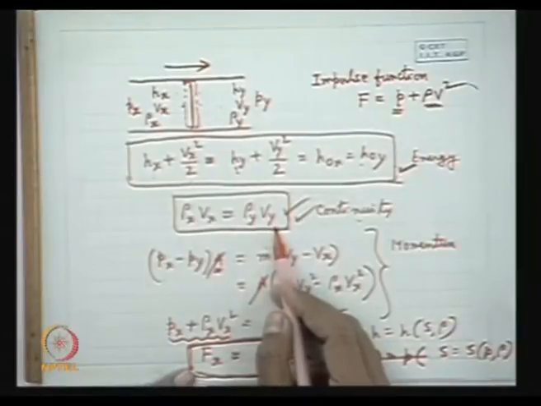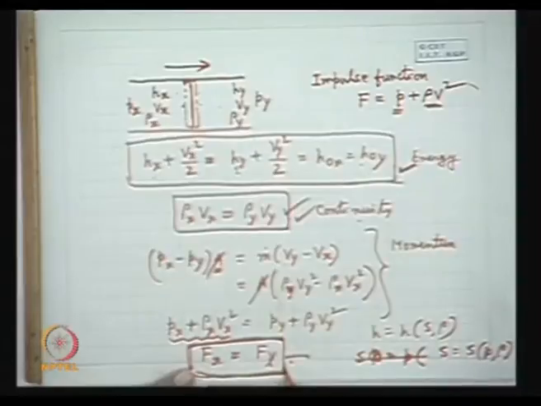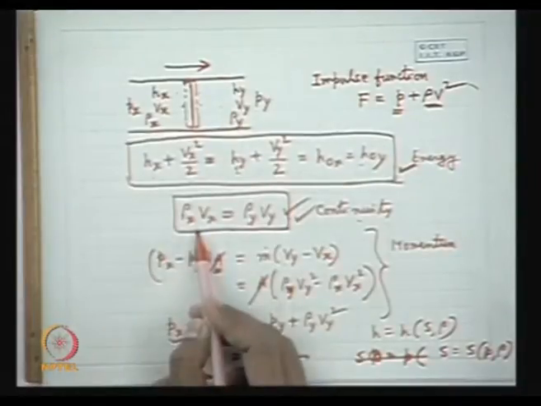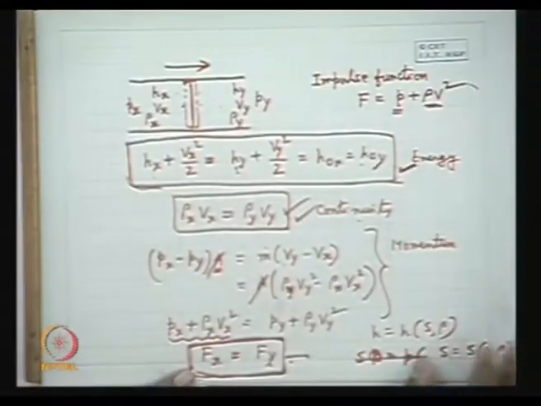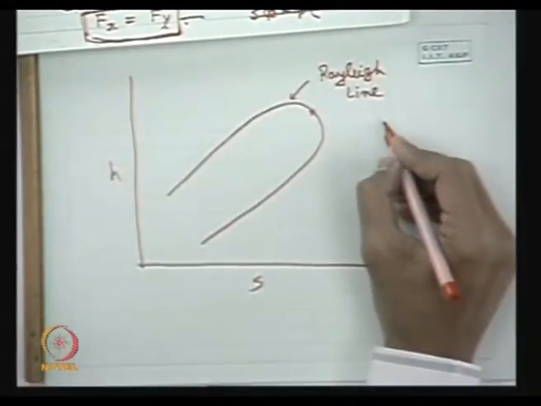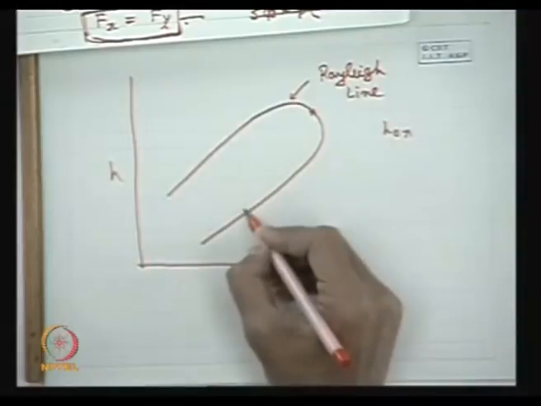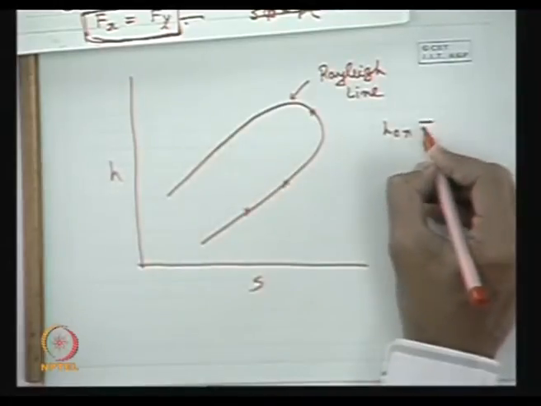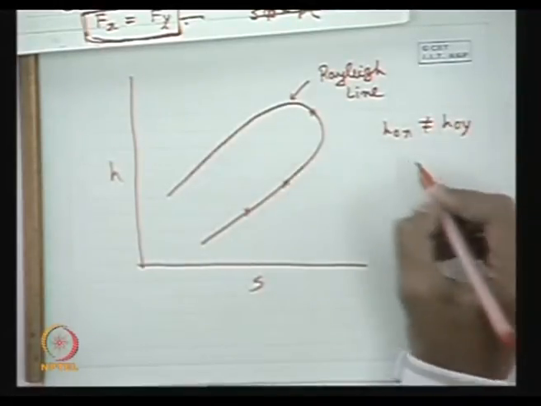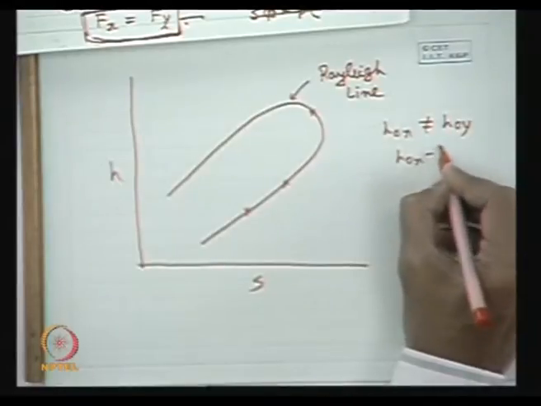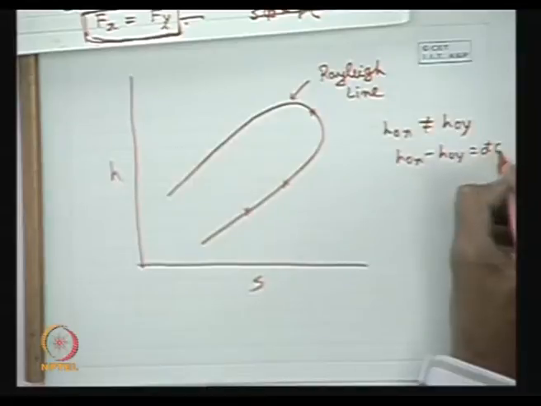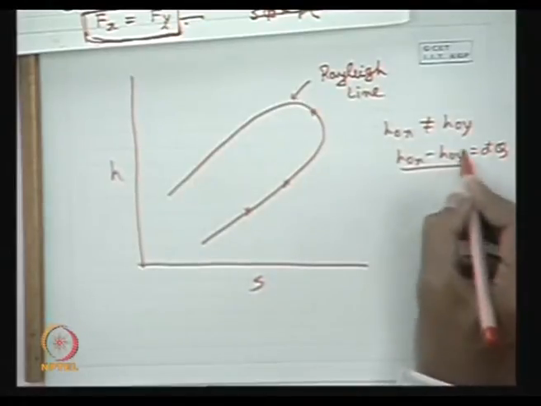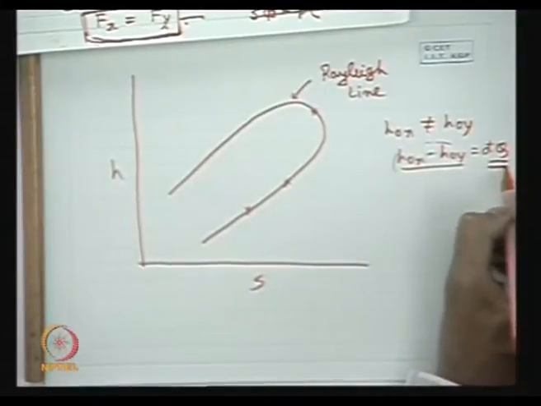It refers to a situation of flow where friction is not there, because we have satisfied this equation, the flow is steady, but this condition we have not satisfied. That means if we find h0x at any point x and h0y at any point y, that may not be equal. That means h0x minus h0y will have some value. We know this difference in stagnation enthalpy is the heat transfer.